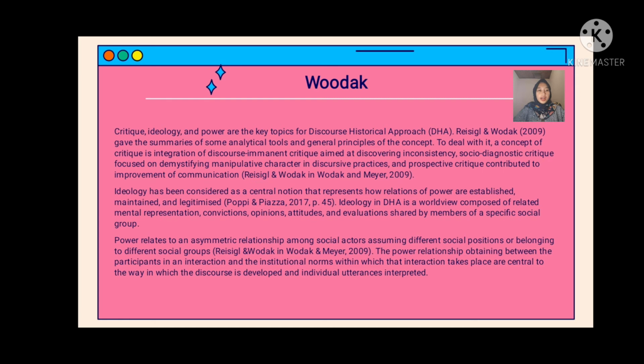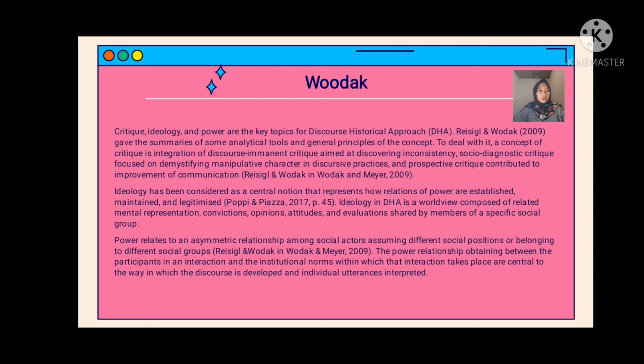And ideology here is considered a central notion that represents how relations of power are established, maintained, and legitimized. Ideology in DHA is a worldview composed of related mental representations, convictions, opinions, attitudes, and evaluations shared by members of a specific social group.